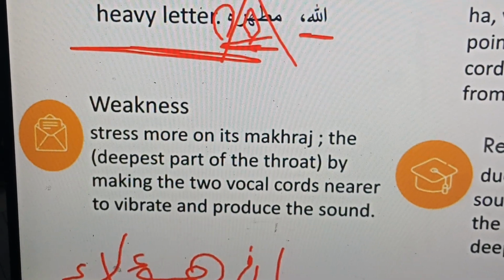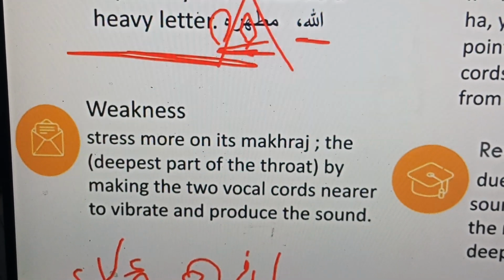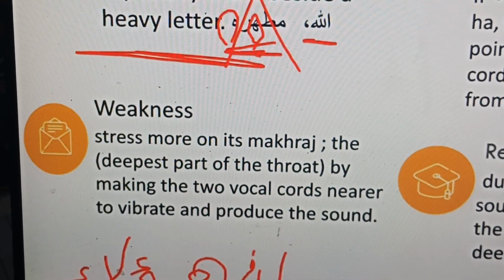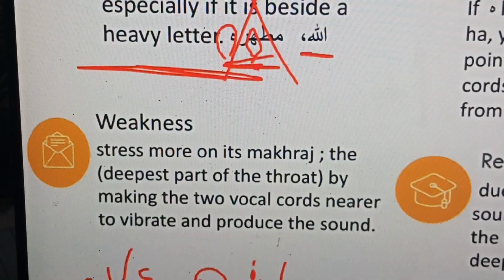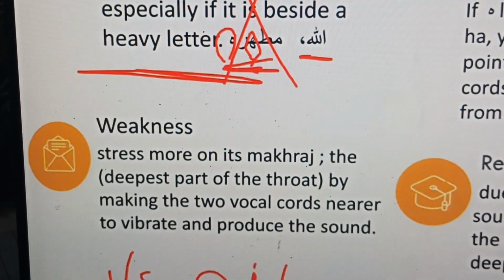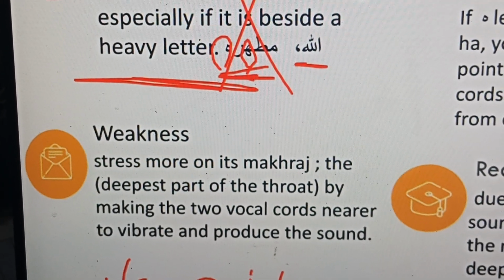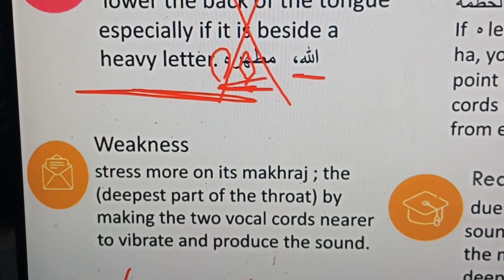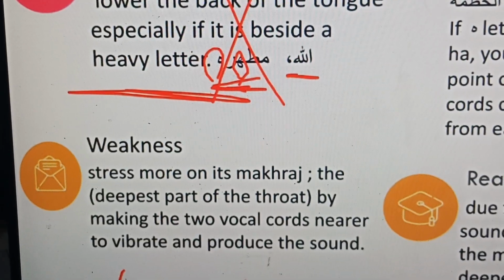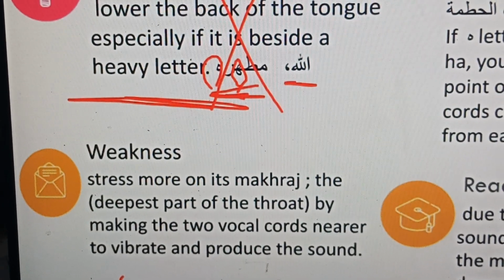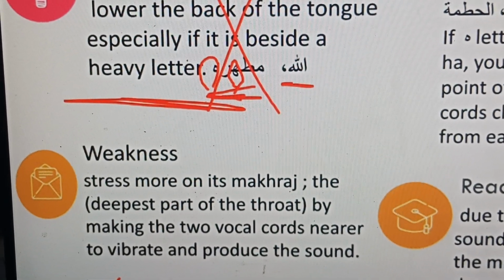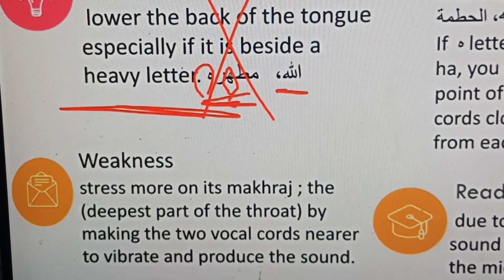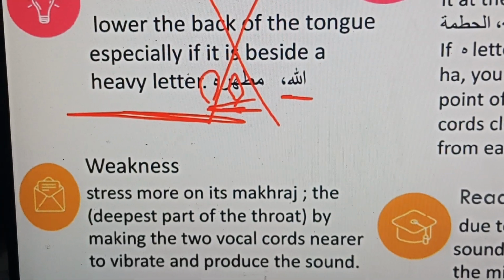It is avoiding closing the two vocal cords a little bit, and letting lots of air and lots of sound pass. So you find that the sound is between ha and ha.